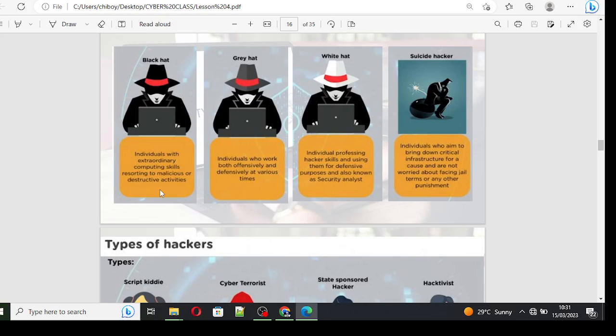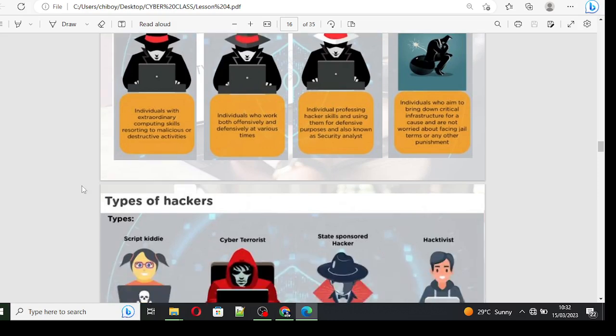When we talk about the white hackers, these people are the good men. They call them the good men. These are individuals professing hacker skills and using them for defensive purposes, also known as security analysts. Now we have the suicide hackers. These are the baddest of all. These are individuals who aim to bring down critical infrastructure for a cause and are not worried about facing jail terms or any other punishment.